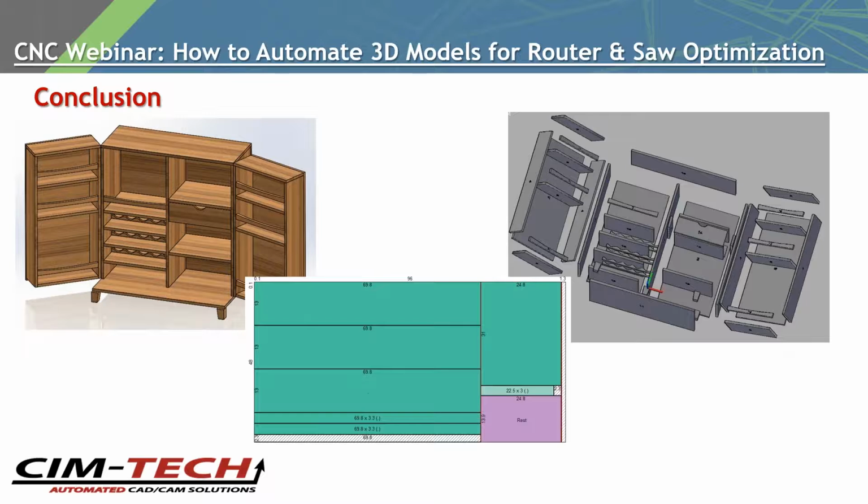In conclusion, we at CIM-TECH understand how important it is, now more than ever, to keep your shop running as efficiently as possible, making the most of your time in programming your machines, running them, and of course, making the most out of the material you have on hand. This ever-evolving challenge often means that we need to use tools that push the boundaries of automating these processes while maintaining the control and flexibility needed to make changes on the fly.